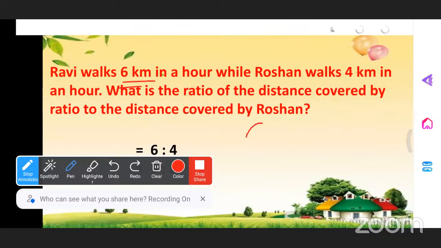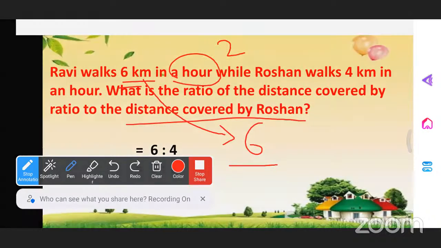Here we cover the separate distance also, we find the separate distance of Ravi and Roshan. So that's why I take 6 kilometers, Kana. Hour is 2 hours, you say that 2 hours.